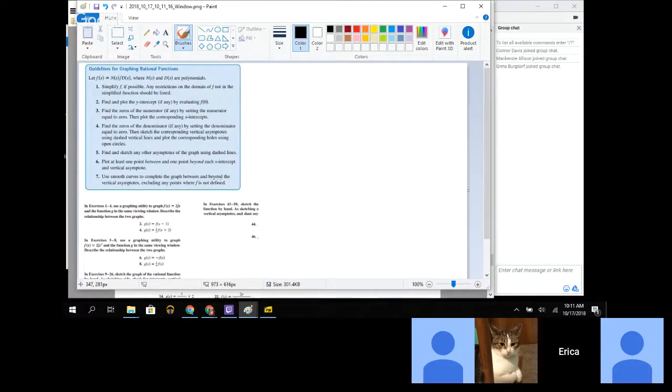So what we're going to do is number 12 first. It's cut off down at the bottom, but if you have your notes, it's there. So you have P of x equals 1 minus 3x over 1 minus x.